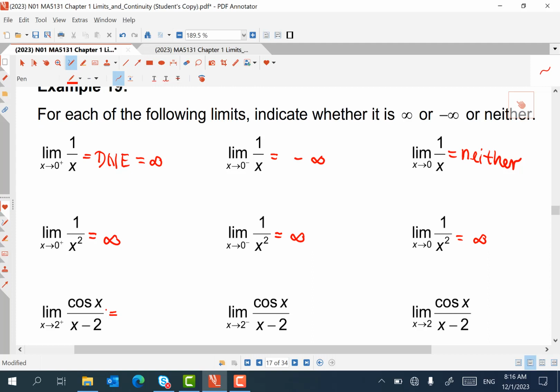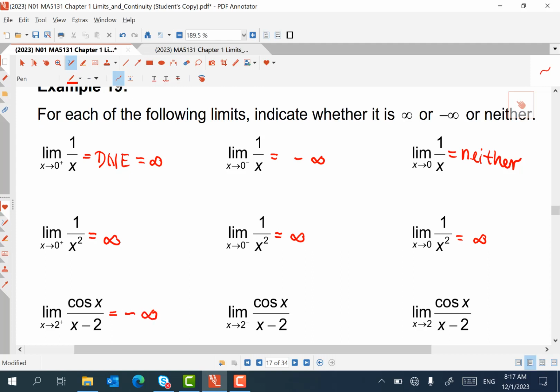Okay, for the next one, I'd like the class to say together again at the count of 3. Next one again, this one. Okay, in unison again, at the count of 3. Are you ready? 1, 2, go. Very good. Some people think it's positive infinity.